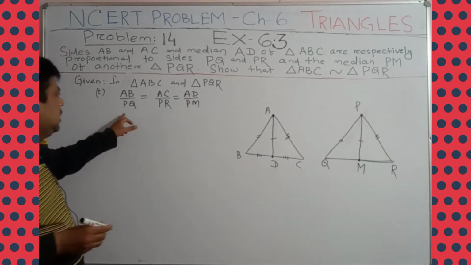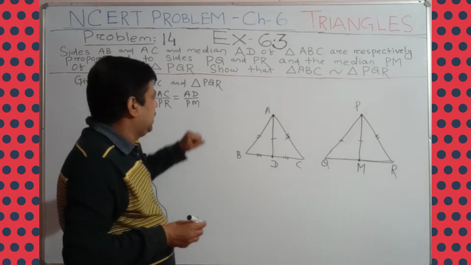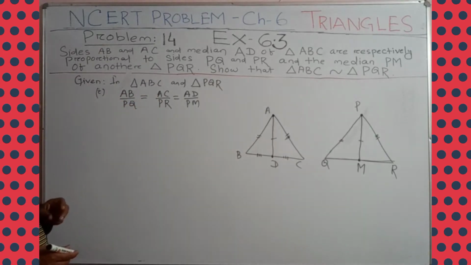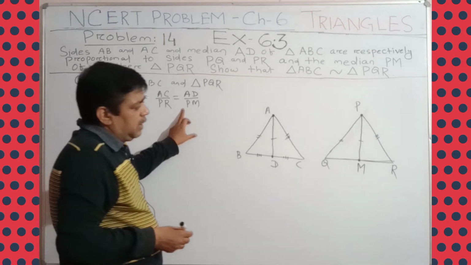The sides AB, AC and the median AD of triangle ABC are respectively proportional to the sides PQ and PR and the median PM.